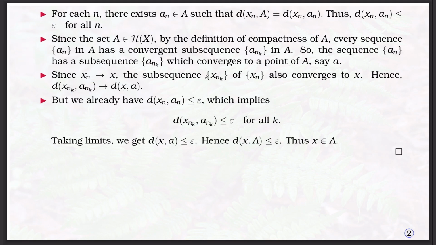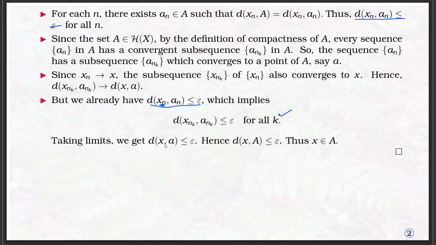The distance between xn and an is less than or equal to epsilon, which implies that the distance between xnk and ank is less than or equal to epsilon for all k.